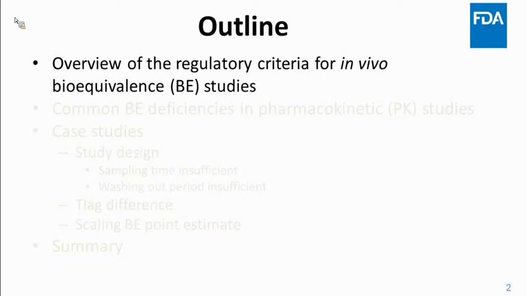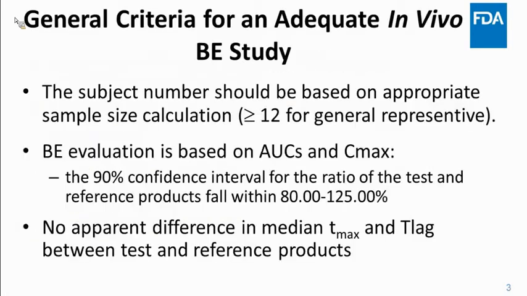So first, we'll give an overview of the regulatory criteria for in vivo BE studies. For general criteria for adequate in vivo BE studies, the number of subjects in the study should be sufficient for BE determination.